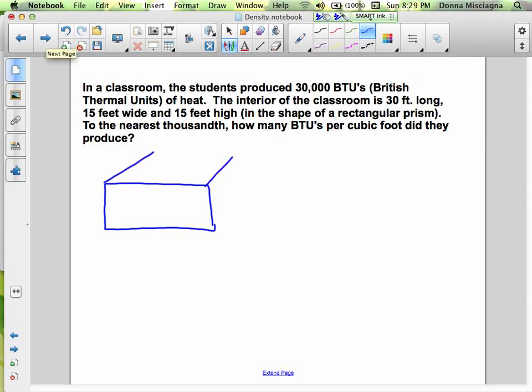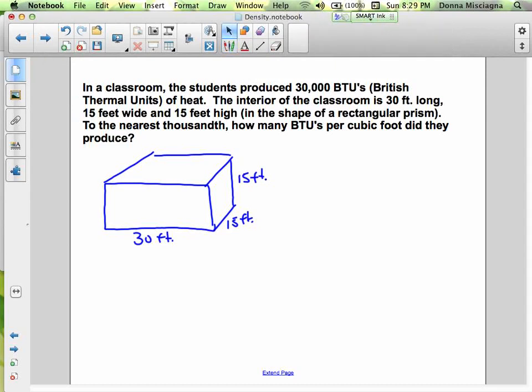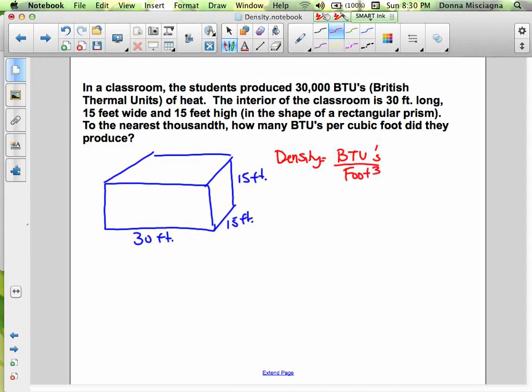So here's the classroom. Must that mean my classroom with its nice sloping ceilings? So 30 feet long, 15 feet wide, and 15 feet high. And we want to know, to the nearest thousandth, how many BTUs per cubic foot they produced. So the density is the BTUs per cubic foot.